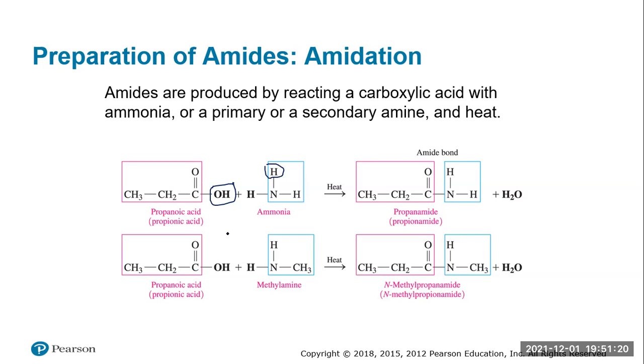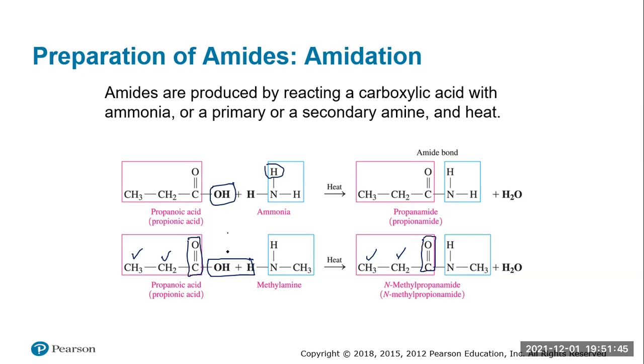This is the one I was thinking about. We could go this way. And then basically we just squeeze them together. We have CH3, CH3, CH2, CH2. We have our carbon-oxygen double bond.